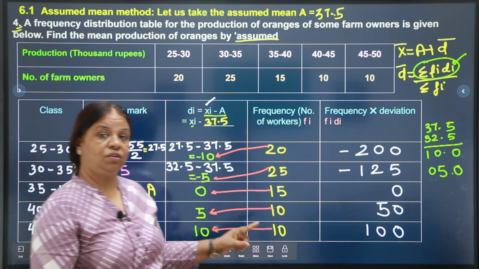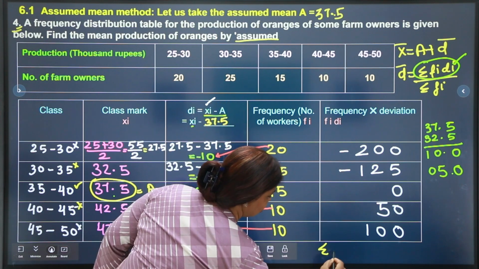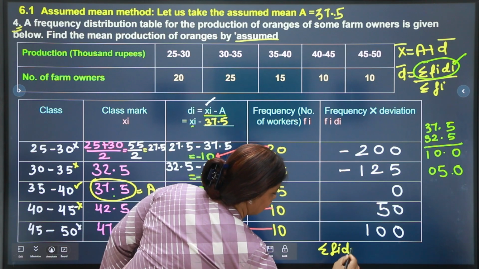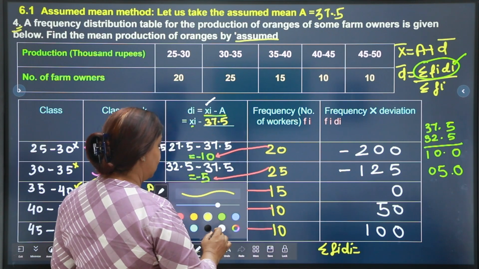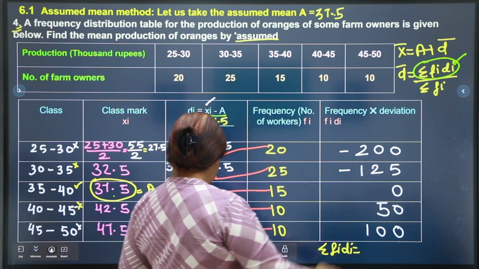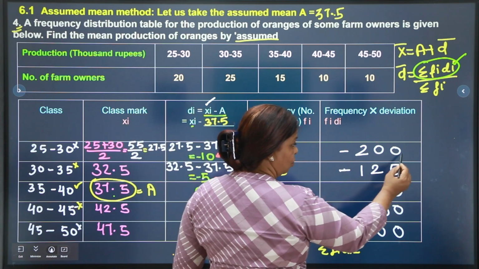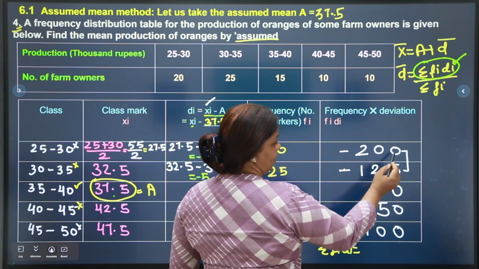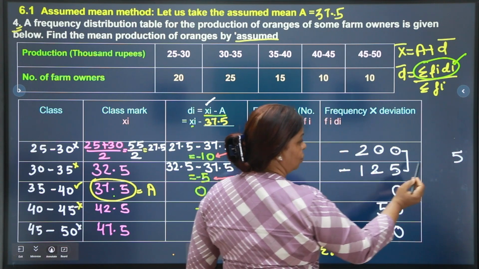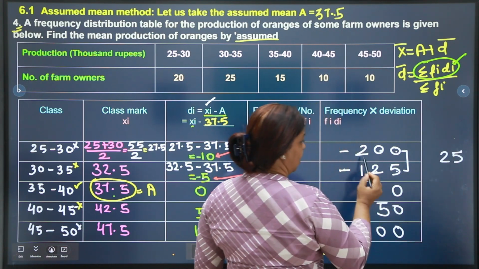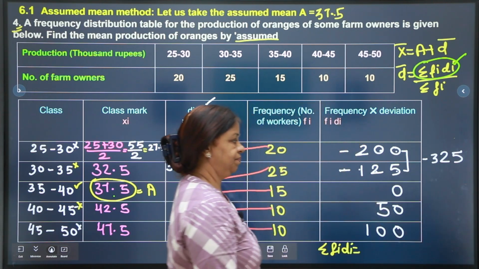Now we got Fi di, but we need to find out summation of Fi di. Summation of Fi di, which is equal to, first I will be adding minus minus. See children, both are minus, so they both will be added. 0 and 5, 5. 0 and 2, 2. 2 and 1, 3. Minus 325.